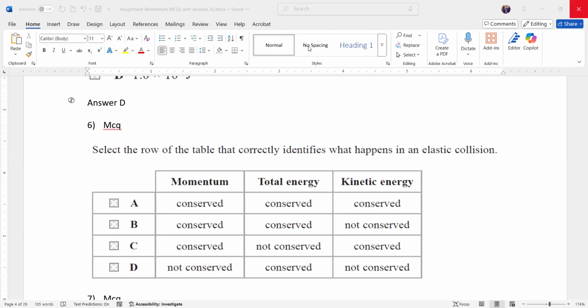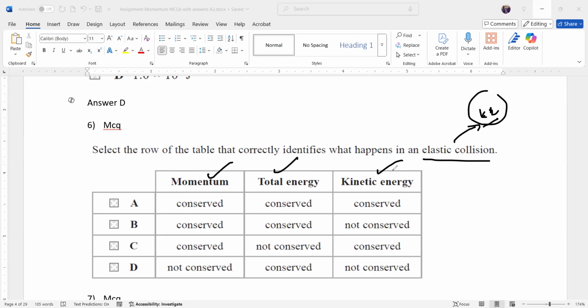So when we talk about the conservation of momentum, the type of collision can be elastic or inelastic. If it's an elastic collision, the kinetic energy is also conserved, before and after the same. Momentum and total energy are always conserved irrespective of what kind of collision we have, elastic or inelastic. Only the kinetic energy is a factor which can distinguish between elastic and inelastic. In an elastic collision, the kinetic energy is also conserved.